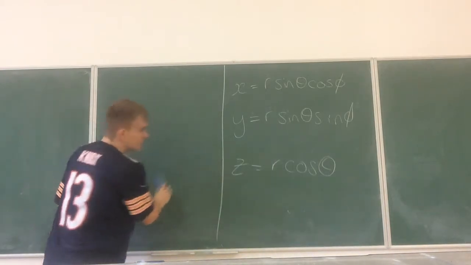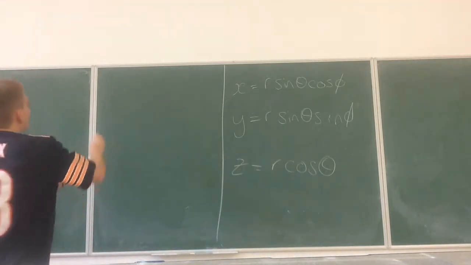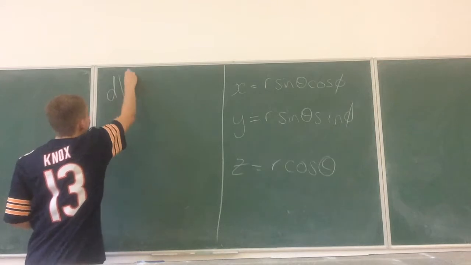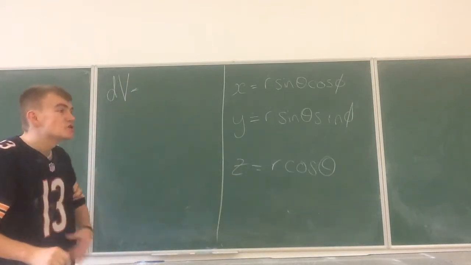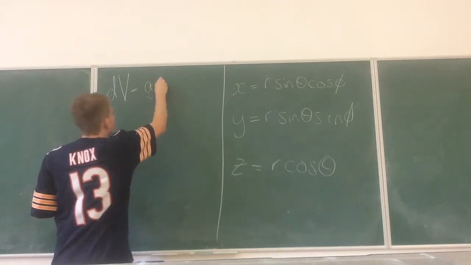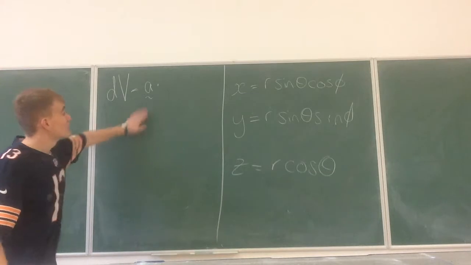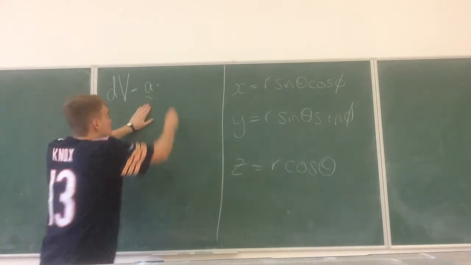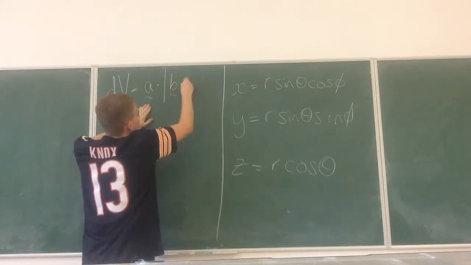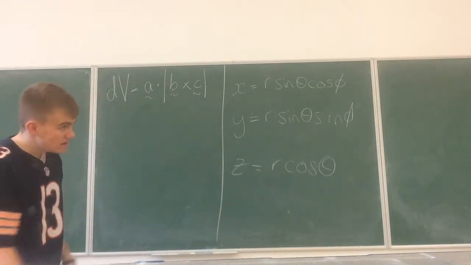So that's the kind of base. And not only that, we need to lay out a couple more definitions, which is dV. That thing we put after the function before we triple integrate is simply the dot product of A with the cross product of B and C. What are A, B and C, I hear you say?